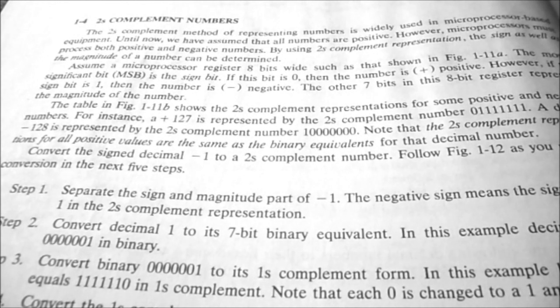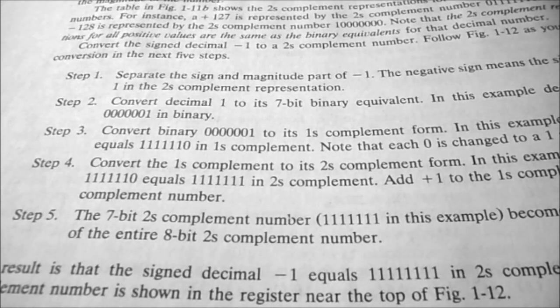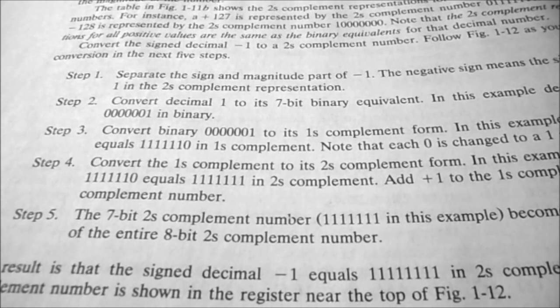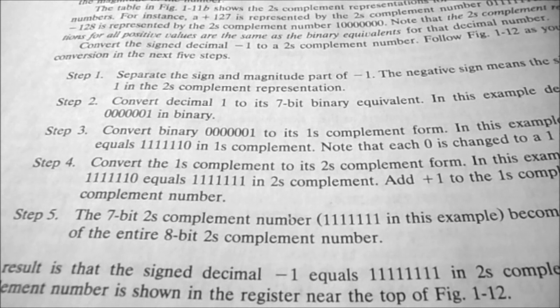To fully understand figure 1-12, you really need to review section 1-4 on 2's complement numbers. Under section 1-4, they show you the individual steps necessary to do the conversion from signed decimal to 2's complement.